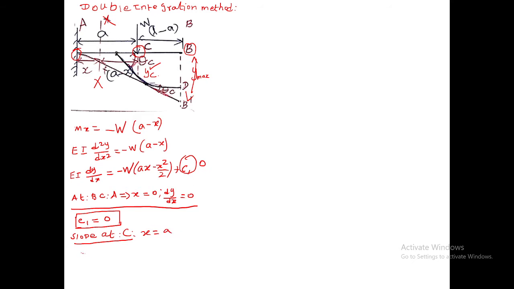So theta C, dy by dx, equal to minus W divided by EI into a square divided by 2. So theta c equal to minus W a square divided by 2EI.